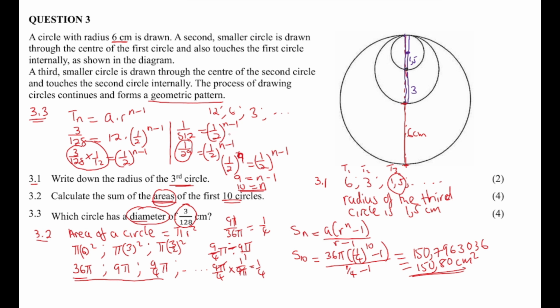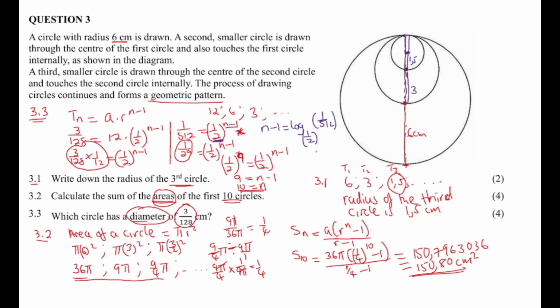The other thing we can do when we get to this stage, we can change from exponential form to logarithmic form. Remember, if you're changing exponential form to logarithmic form, the exponent becomes the subject. So n minus 1 is equal to log, and then this is the base, 1 over 2, and then the number there is 1 over 512.